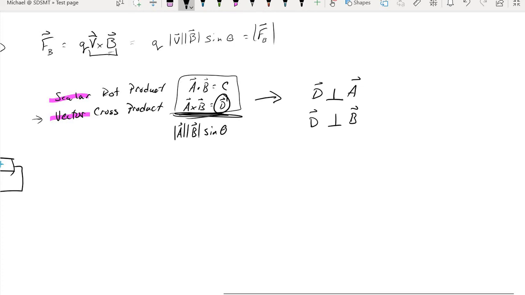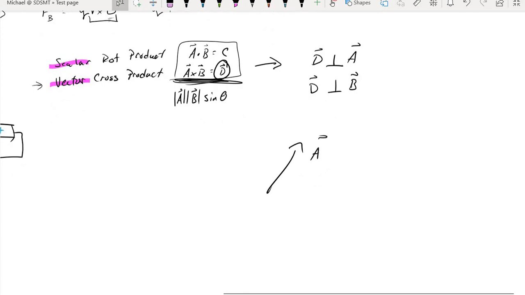If I draw two vectors on this screen, maybe this is vector A and this is vector B, the cross product of these two vectors is going to produce a third vector that has to be perpendicular to both of these.